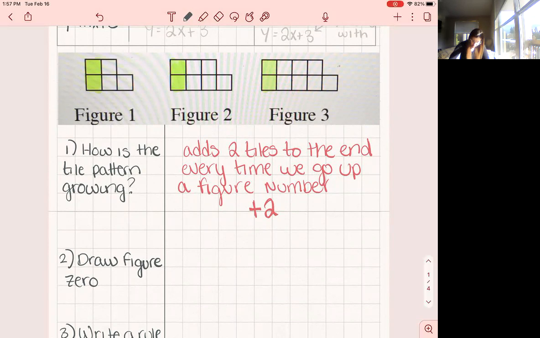So what I would see figure 0 as, and this is where the grid paper in your notebooks comes in handy, making these little squares, I see 2, and then that 1 that's always sticking out there on the end, right? Because I removed 2 tiles from figure 1 to get figure 0, and then next to it, I'm going to put 3 tiles.